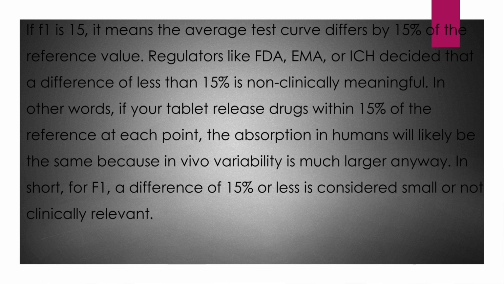Regulators like FDA, EMA or ICH decided that a difference of less than 15 is non-clinically meaningful. In other words, if your tablet releases drugs within 15% of the reference at each point, the absorption in humans will likely be the same because in vivo variability is much larger anyway. In short, for f1, a difference of 15% or less is considered small or not clinically relevant.